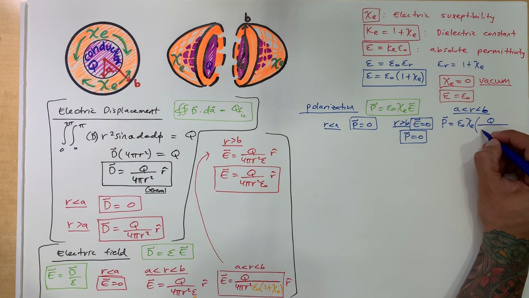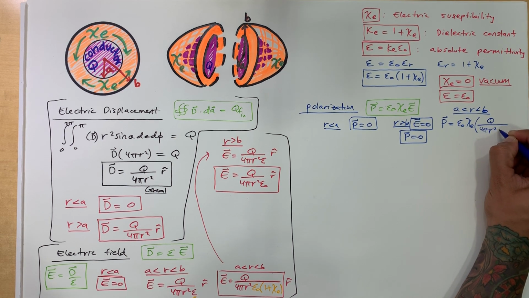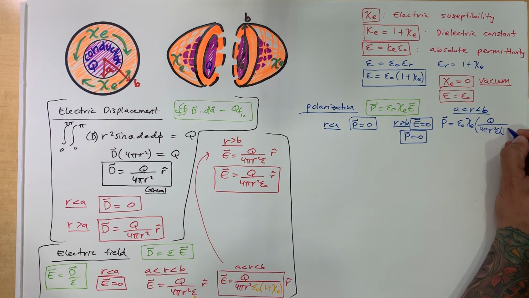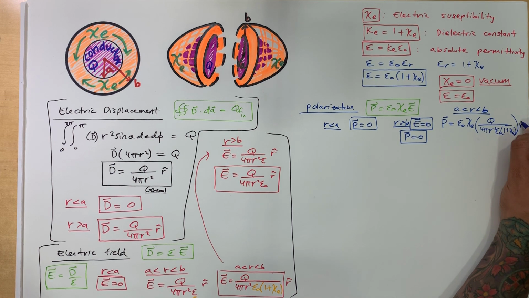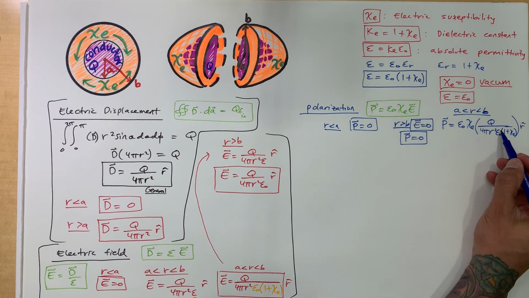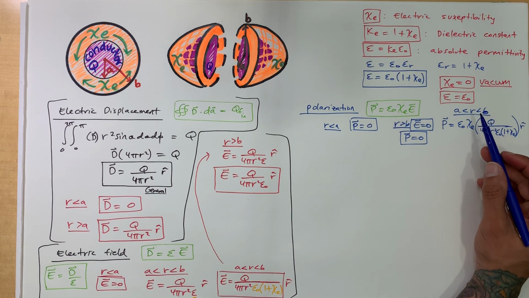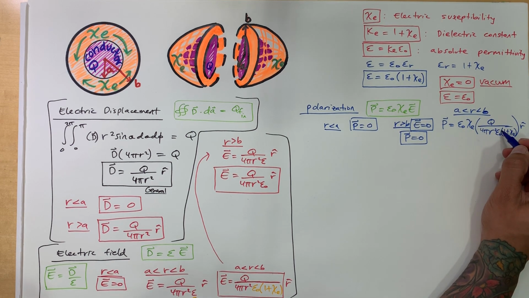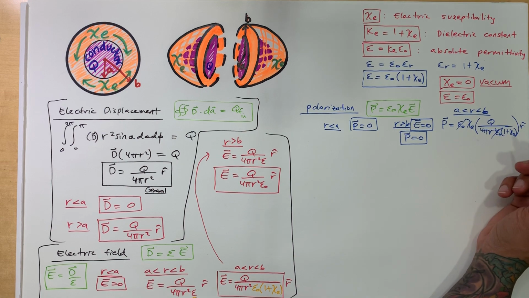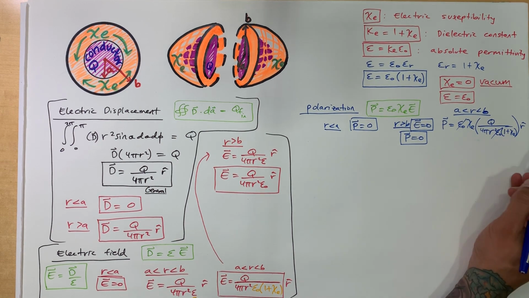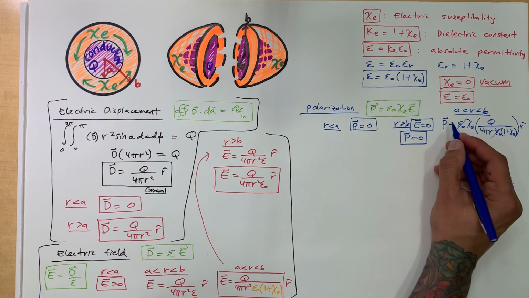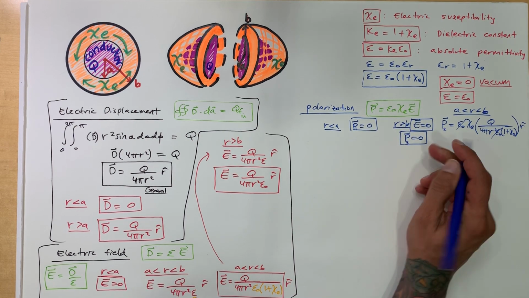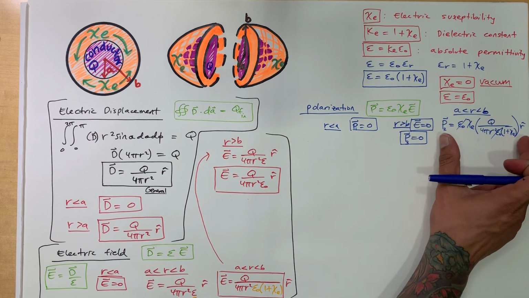We got Q over 4 pi R squared epsilon naught 1 plus chi E, and this is in the radial direction. So I see that the epsilon naught can cancel. So let's do that. And let's maybe label these P's. So I'm gonna label this P1, this is 2, and this is 3, because this is the outside, this is the inside, this is like the middle.